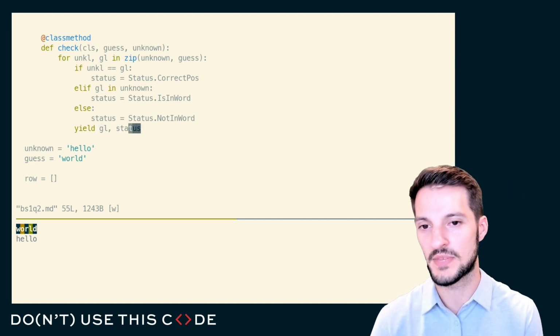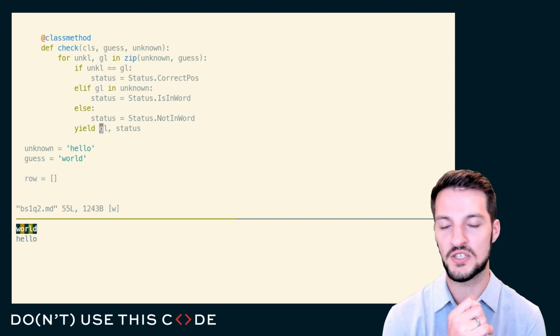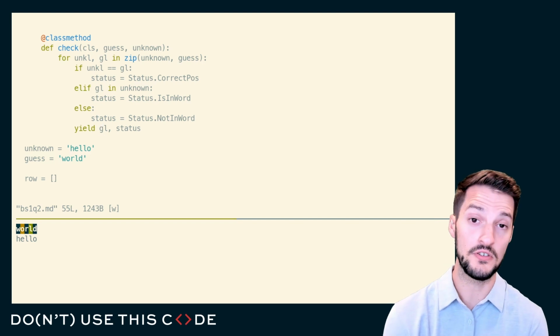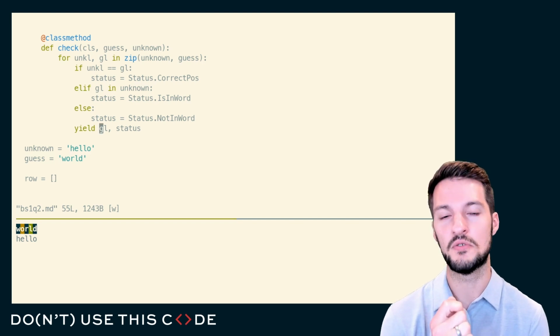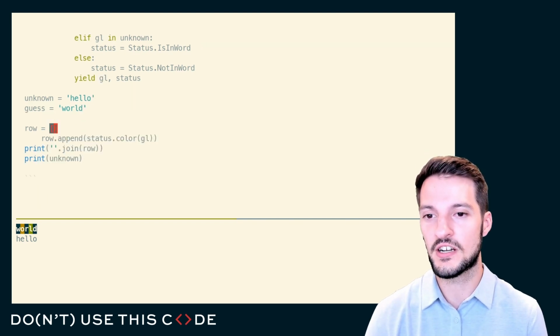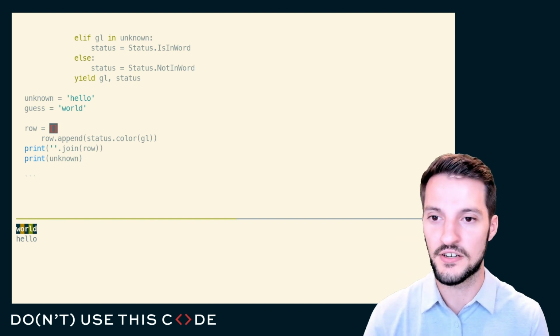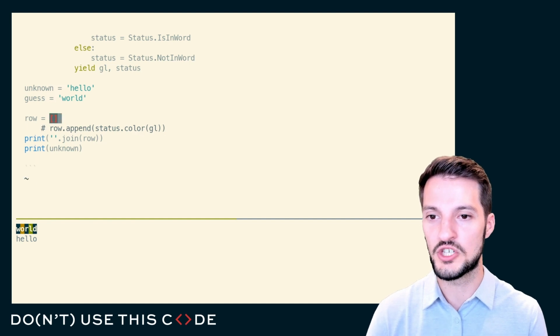Now I could wrap this up in something like a namedtuple, but whenever you come to the question of do I turn this into a generator or do I pre-compute everything, throw it on a list and return that entire list, if you're ever unsure, I would always say to err on the side of the generator, because if you do need to concretize it, if you do need access to a list of statuses and letters as tuples, you can very easily do that with the generator.